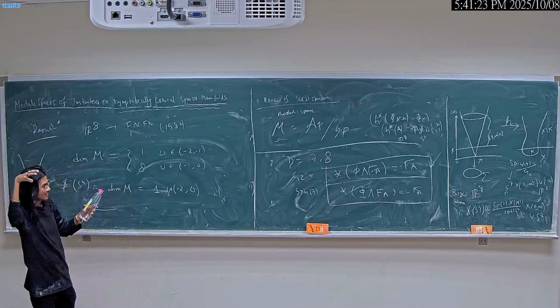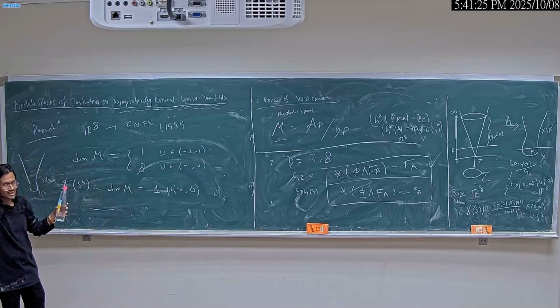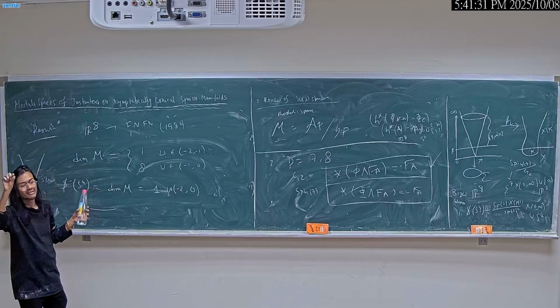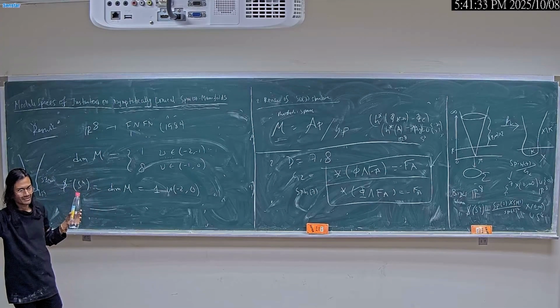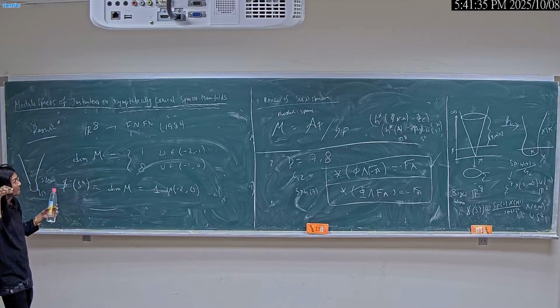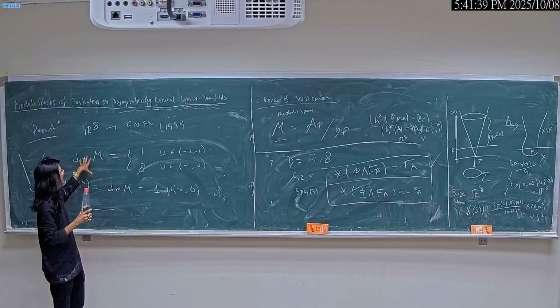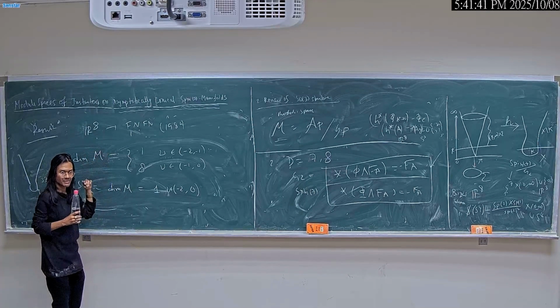My manifold R8 converges to S7 at infinity. So I want my instanton also to converge to an instanton on S7 at infinity. So I have that condition imposed on all the instantons I consider in this moduli space.